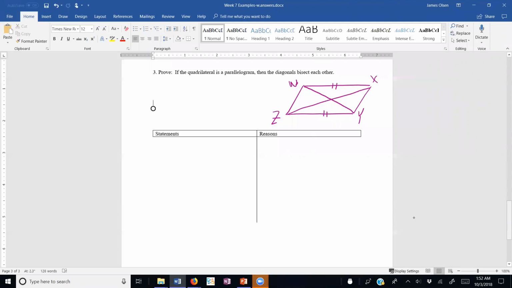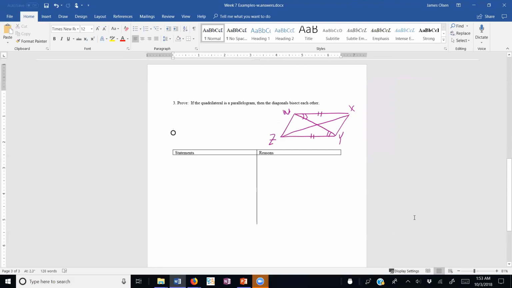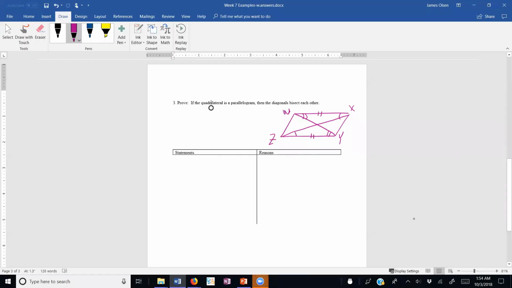Then I'm going to be using alternate interior angles. The top is parallel to the bottom, and WY is the transversal, which means this angle is congruent to this angle. And similarly, the angle down here at Z is going to be congruent to the angle up at X. So let's write down our given information.